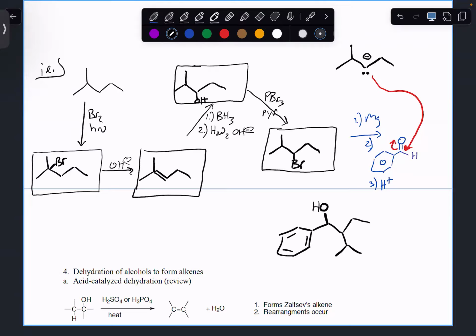We talked a lot about the Grignard reaction last time. And what did we say? We said that if you add a Grignard reagent to a regular aldehyde, you should be making a secondary alcohol. And in fact, that's what we've got. All right, questions on that?